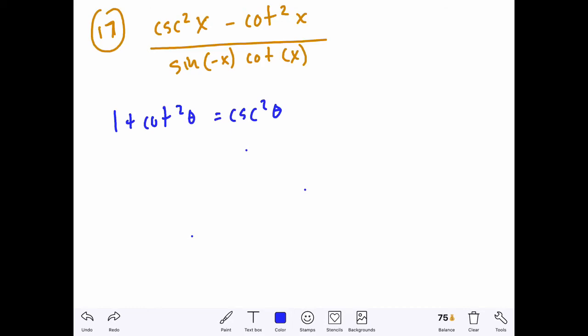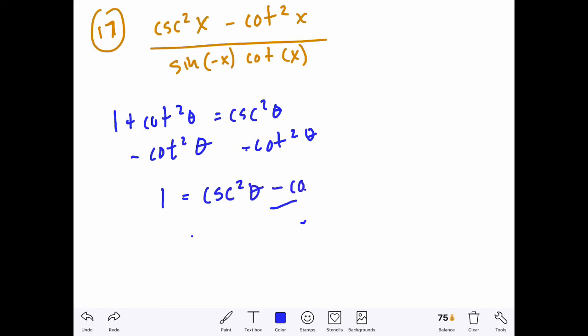Well, what happens if I subtract this cotangent squared theta over? Well, 1 would be left on this side, and that would be cosecant squared theta minus cotangent squared theta.